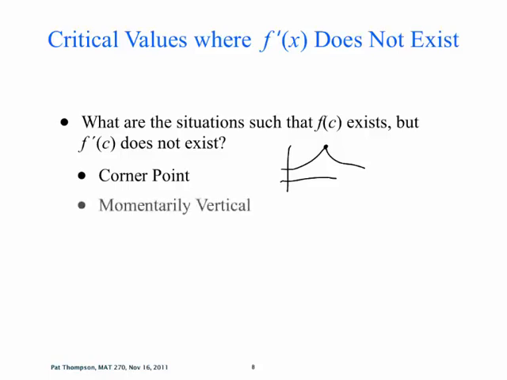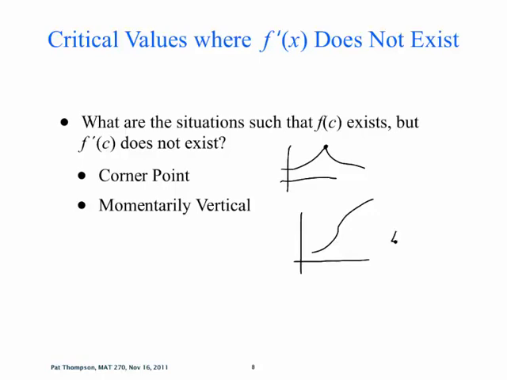All right. The other one is if your graph is momentarily vertical. Just for a moment, it heads north, right? It's like a vertical slope, which we know does not exist.